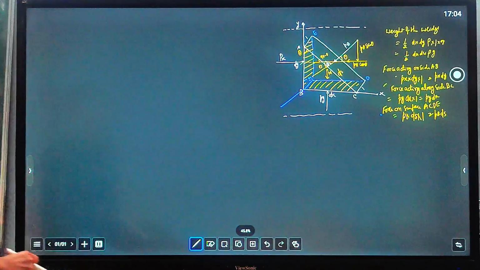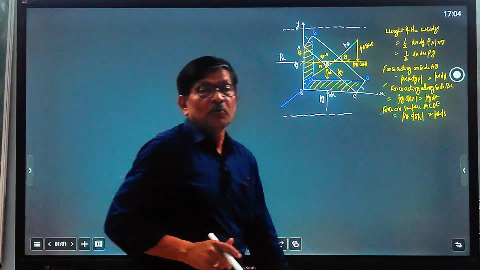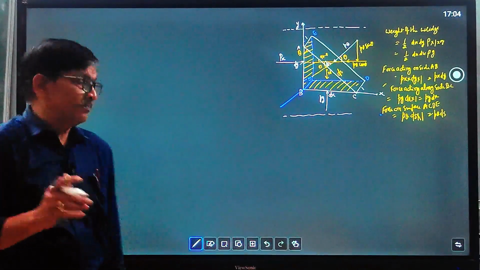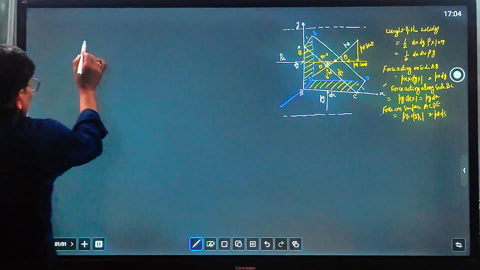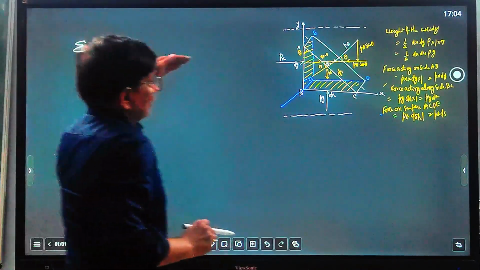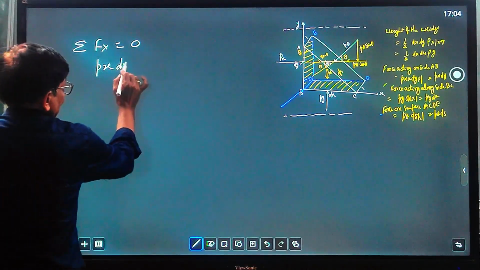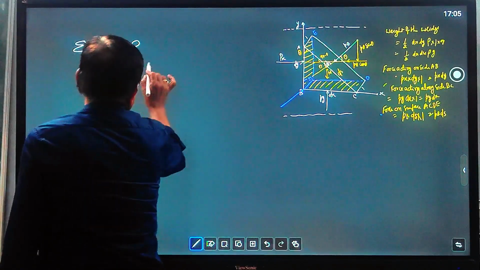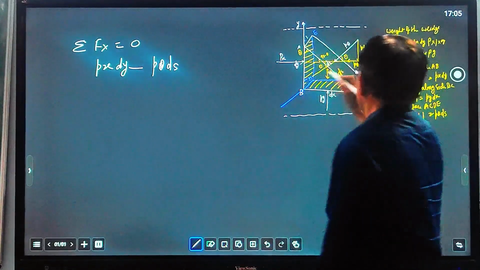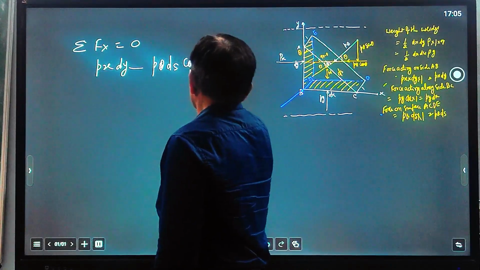Now, resolving forces along the x, y and z directions, because this element is in equilibrium, so forces along these directions will be in equilibrium. So sigma Fx should be equal to 0, and sigma Fx means px dy minus P theta ds times its component along the x direction, cos theta, equal to 0.